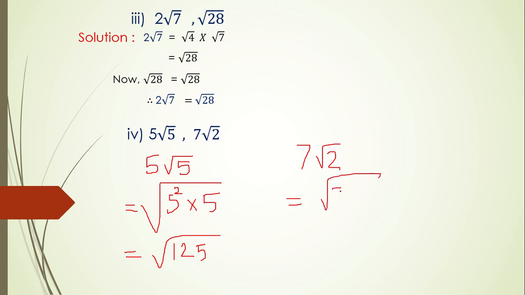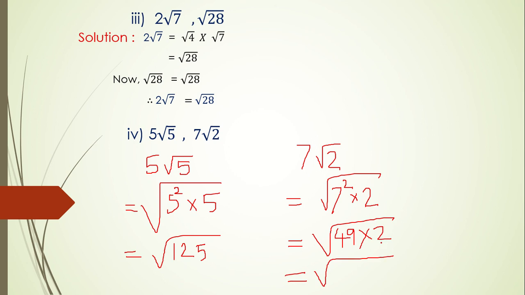That means I will square it. 7 square into 2. Now 7 square is 49 into 2. So that's root 98. Now which is greater? 125 obviously, right? So 5 root 5 is going to be greater than 7 root 2.